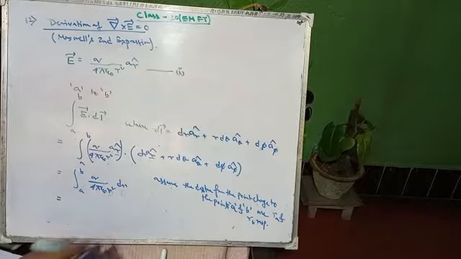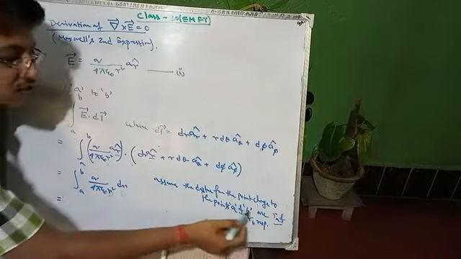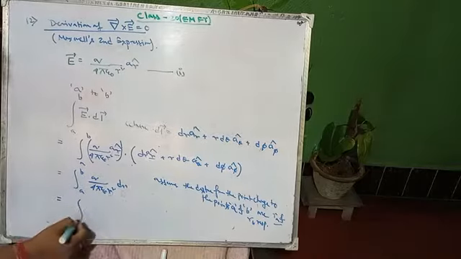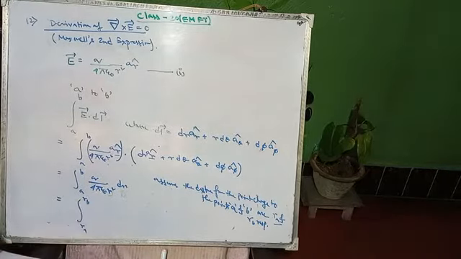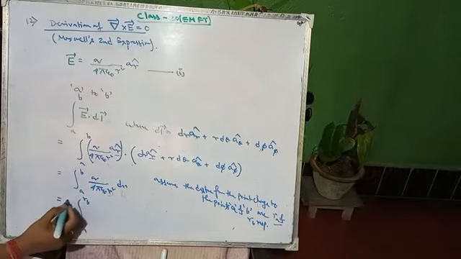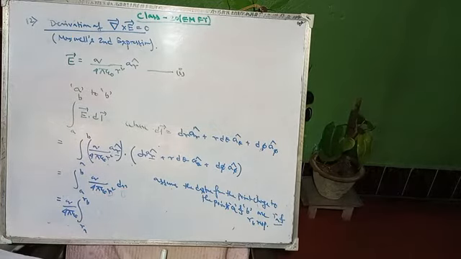So we take the distance from the origin to A as RA and the distance from origin to B as RB. So actually you are integrating from RA to RB. After integration, Q by 4 pi epsilon naught is taken outside.